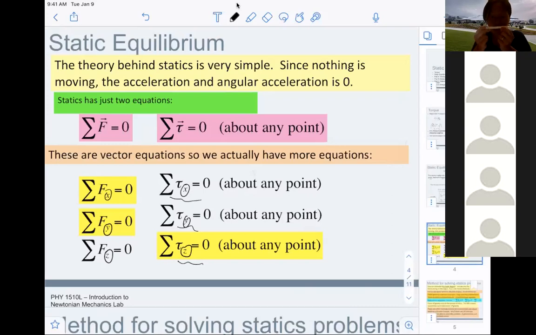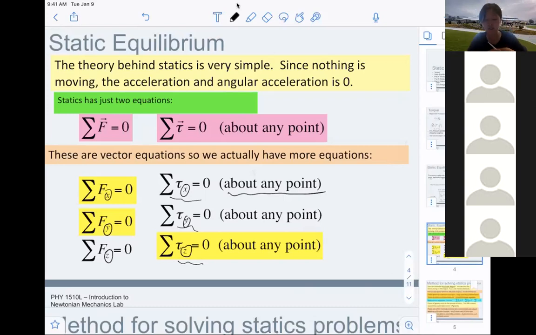You can view this rotation relative to the center right here, or you can view it relative to the tip. You can look at this very differently, and you will calculate your torque differently. So we have to pick the rotation about a particular point, and that point is totally up to you.